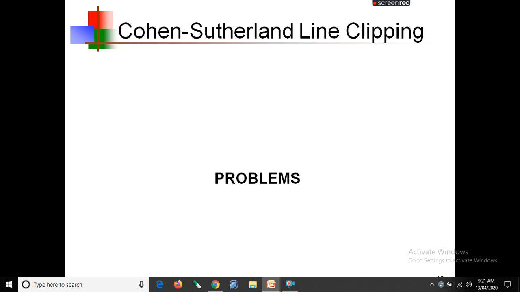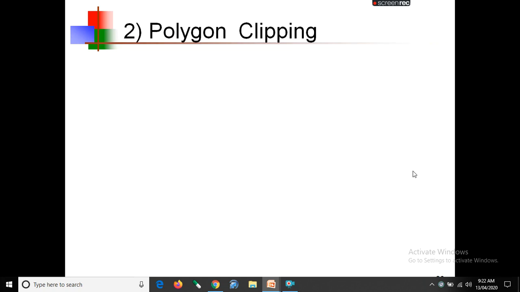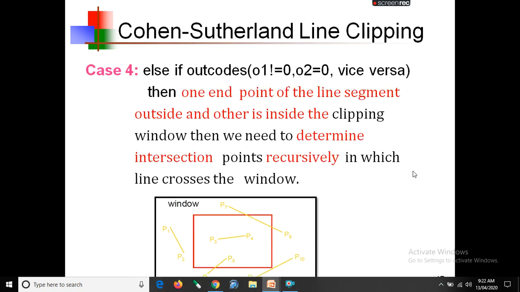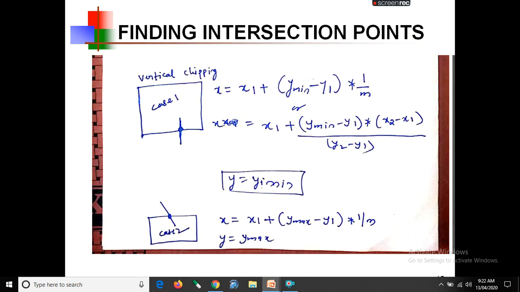If both the outcode values are equal to 0, it means both the endpoints lie inside the clipping window, and we need to accept that particular line segment. The second case is if the outcodes of both the endpoints are not equal to 0, then we need to perform a bitwise AND operation between outcode 1 and outcode 2.